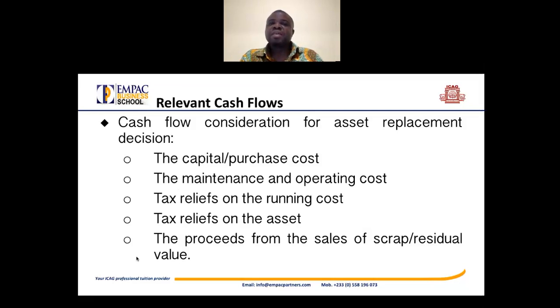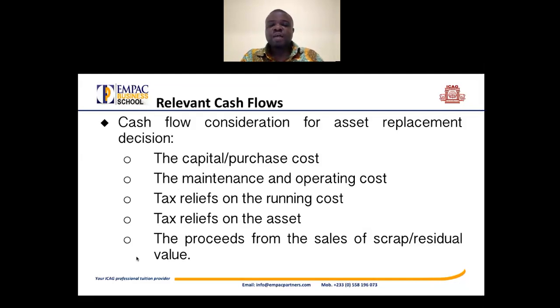The straight line method gives us equal annual capital allowance and tax relief. The reducing balance is on a reducing basis. So if you determine your capital allowance, you take it from the cost and you get the written down value. The subsequent capital allowance will be based on the written down value. So you will not have the same capital allowance for the lifespan of the machine. In each year, you have a different capital allowance, and that will also apply to the tax relief that you will get.